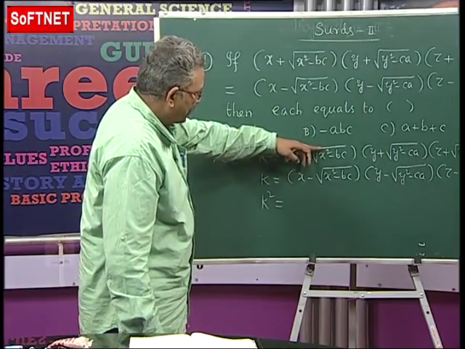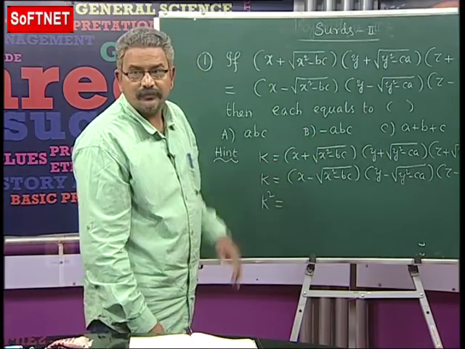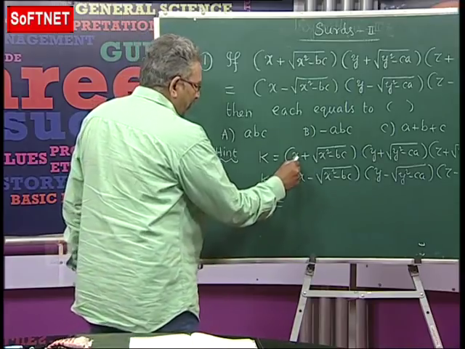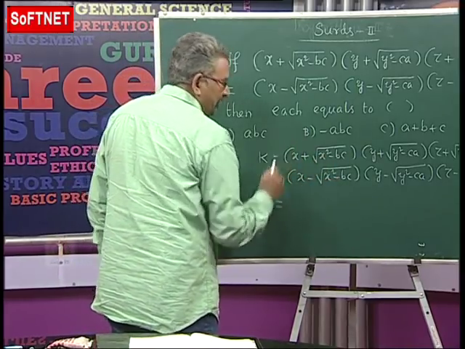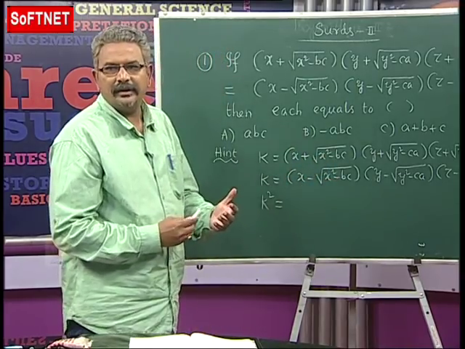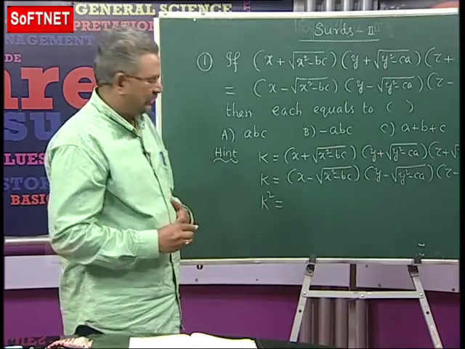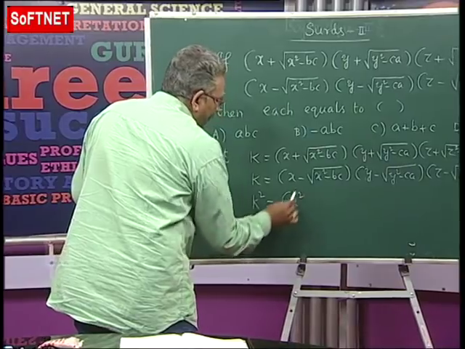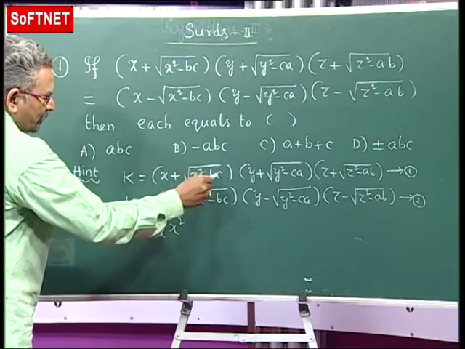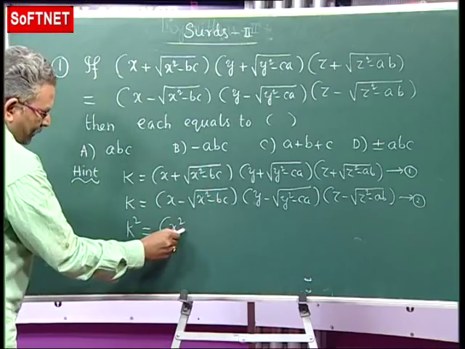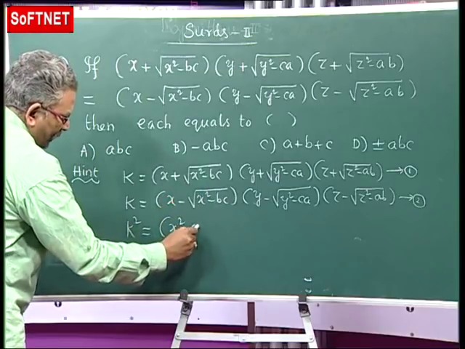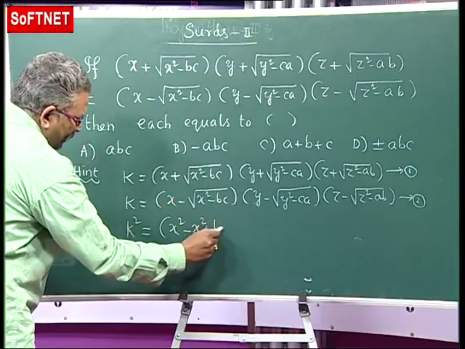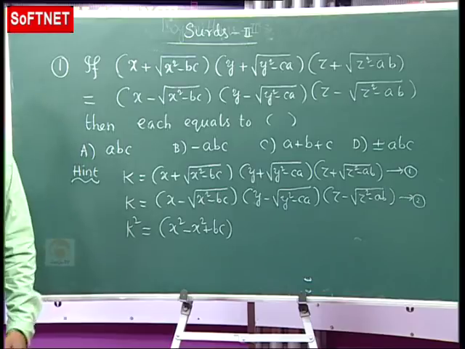Now what is the product of these two? a plus b into a minus b is nothing but a square minus b square. So x square we get, and minus root of x square minus bc whole square, that is minus x square plus bc we get, correct?